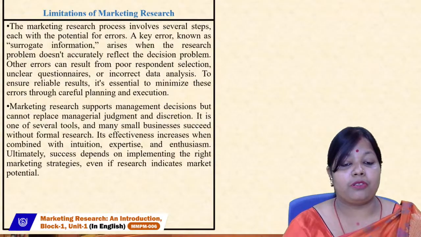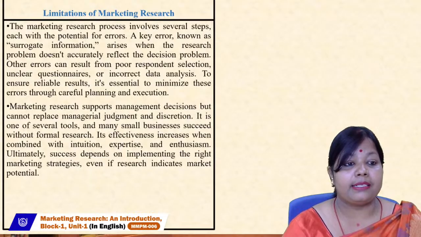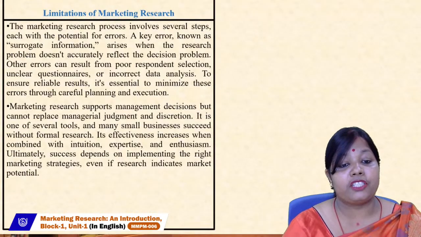These are responsible for wrong solutions. To ensure reliable results, it's essential to minimize these errors through careful planning and execution. Marketing research supports management decisions but cannot replace managerial judgment and discretion.